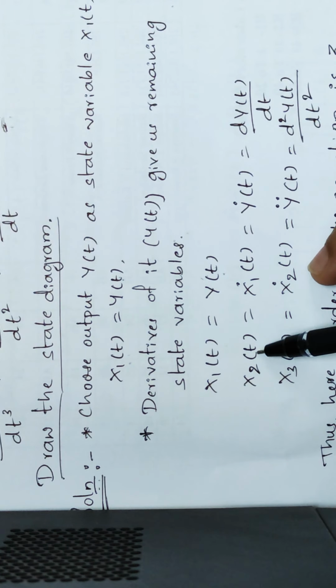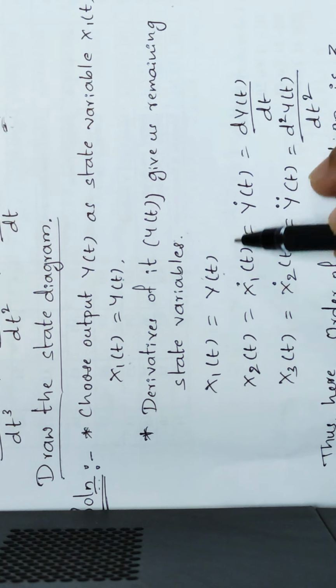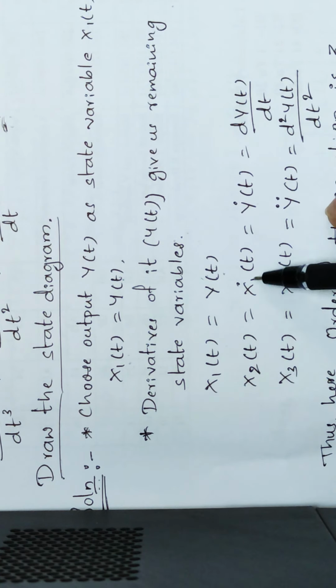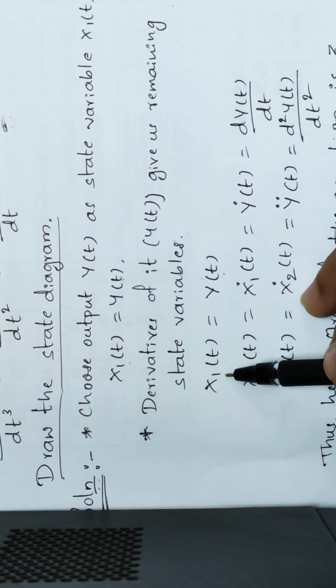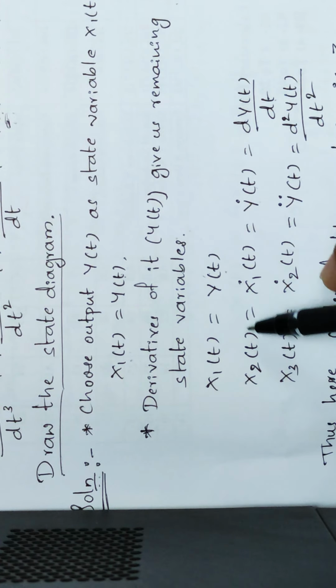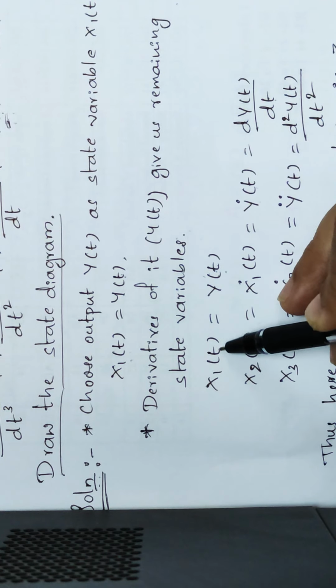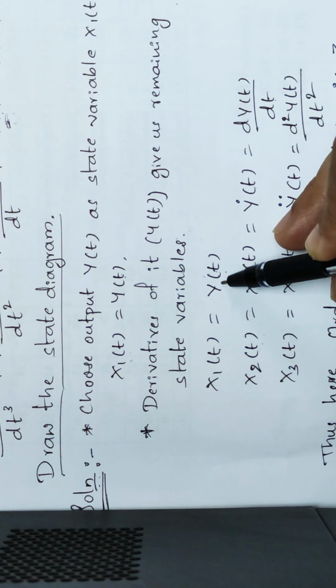Next, x2 is the derivative of y, that is x2 is equal to y dot of t, nothing but x1 dot of t, that is dy by dt. Getting all of you? So x2 is the differentiation of the first one, x2 is equal to x1 dot, x2 is equal to y dot.